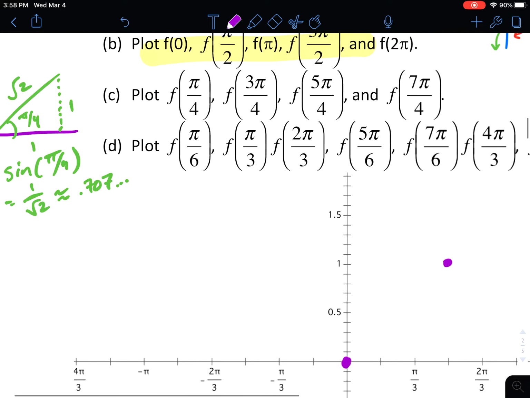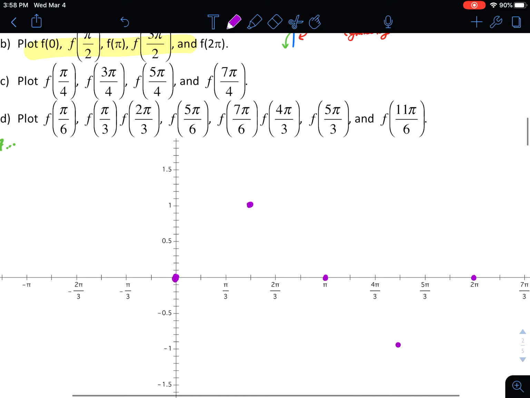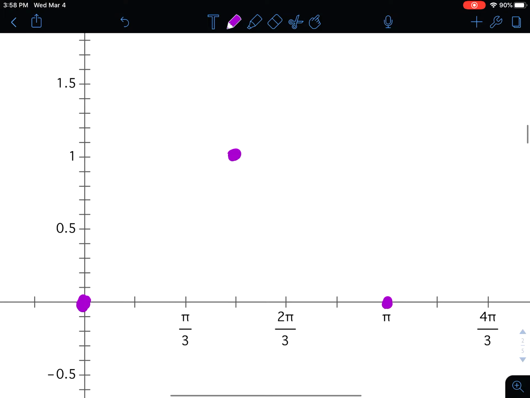So with that in mind, pi over 4 is just going to fall halfway between these two, so we're going to have 0.707, something like that.